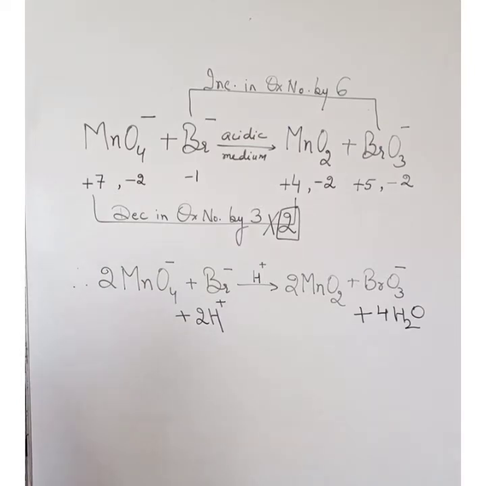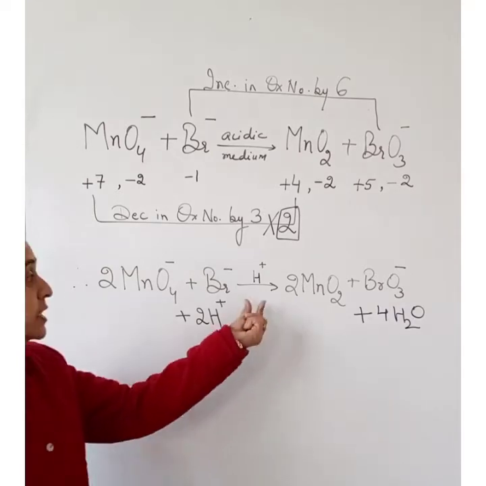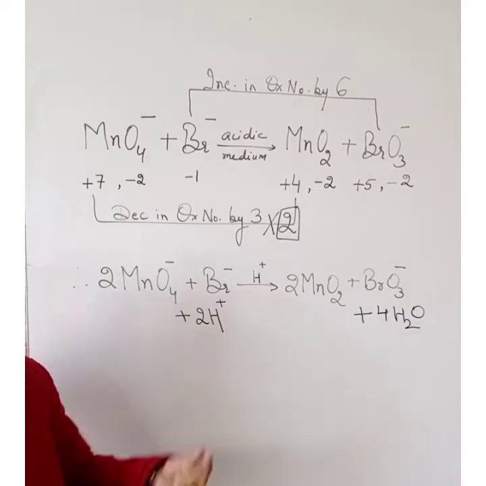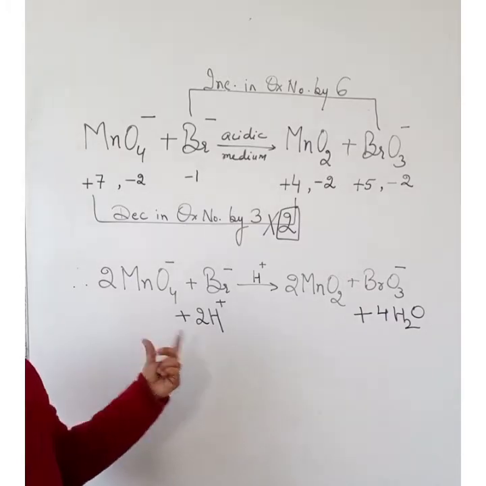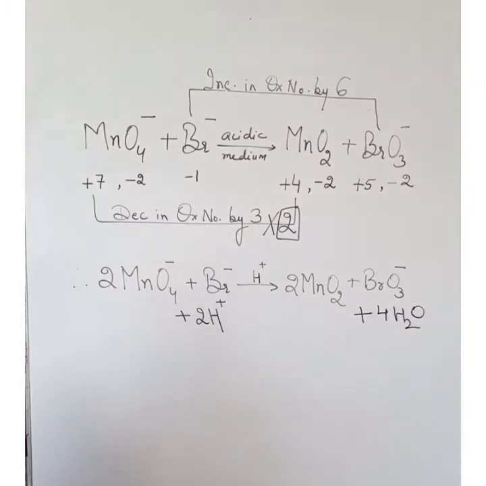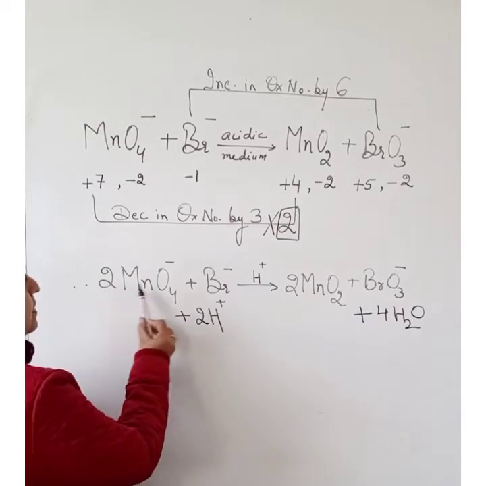Now we have to balance hydrogen atoms. Balancing of hydrogen atoms depends upon the medium. Here, since the medium is acidic, we can balance hydrogen atoms by adding H plus ions on the deficient side. Let us see here.